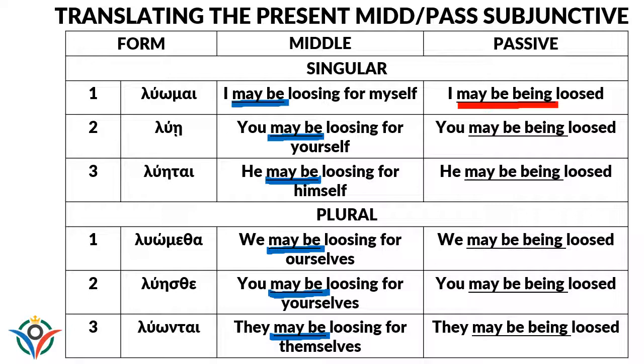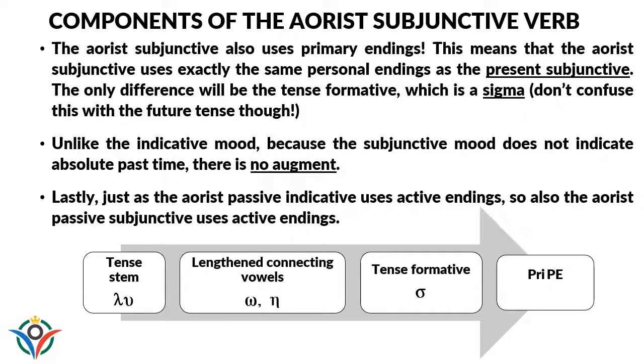Then luei, you may be being loosed. Luetai, he may be being loosed. Then the plural forms, first person, luometha, we may be being loosed. Luesthe, you may be being loosed. And then the third person plural, luontai, they may be being loosed. Good work. Let's keep moving on.